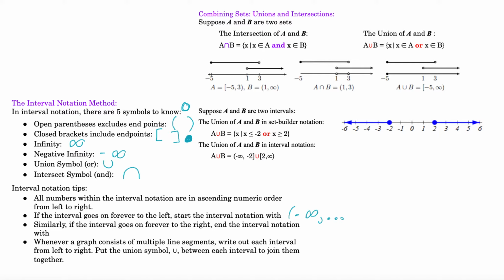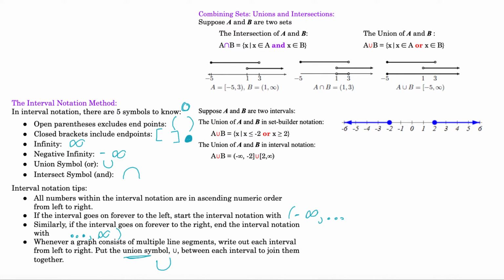Similarly, if the interval goes forever on to the right, we will have some stuff over here, and we will go to positive infinity. Notice that infinity never stops, so infinity will always have an open parenthesis. Whenever a graph consists of multiple line segments, we're going to write out each interval from left to right, putting the union symbol between each interval to join them together.